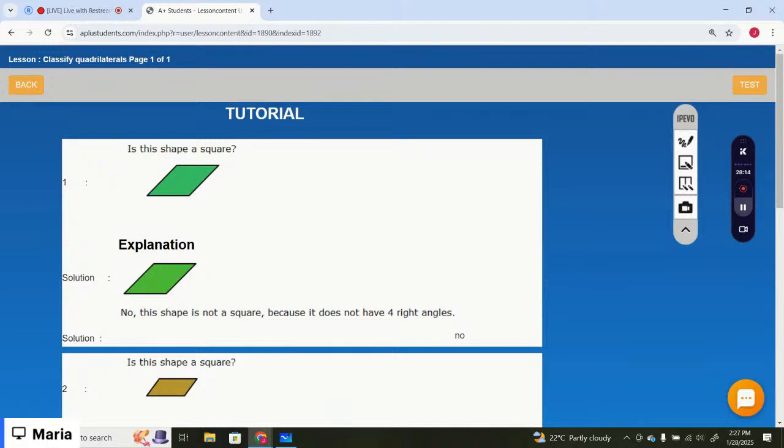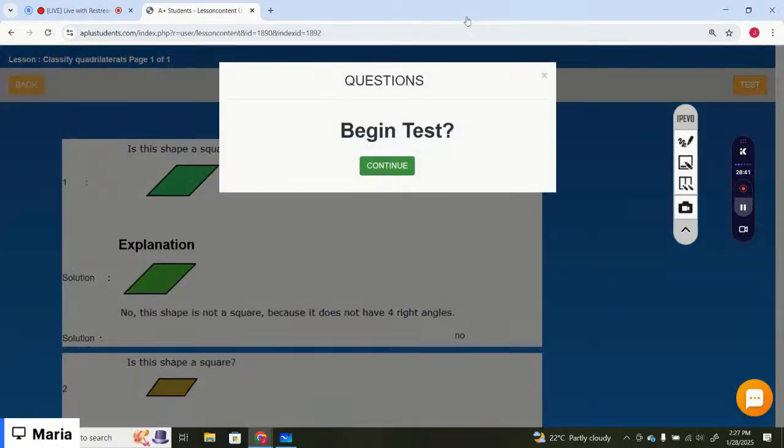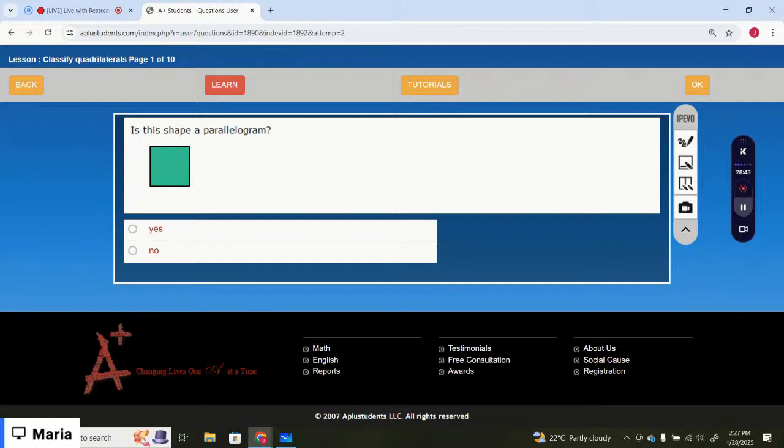Is this shape a square? No, that is not a square because a square has all four sides equal and all four right angles, right? Let's just start with the test questions.